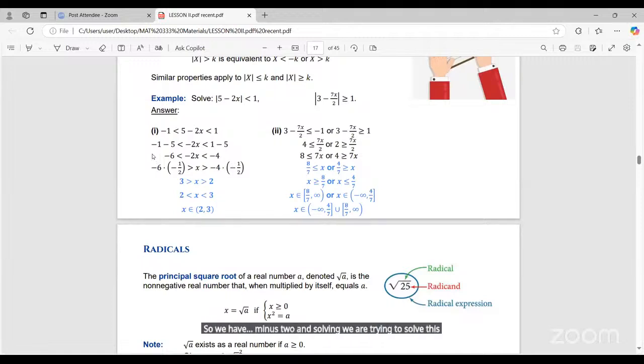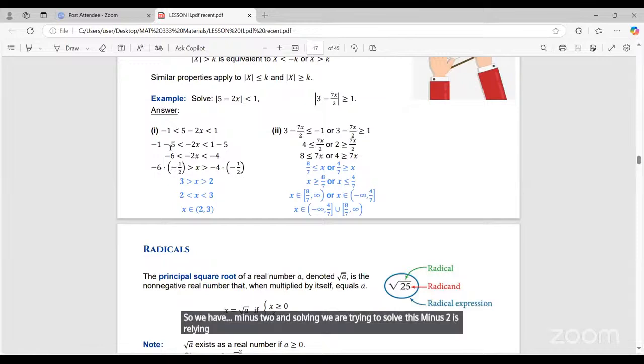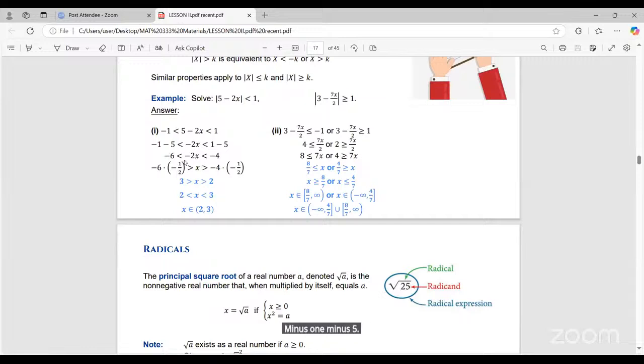Minus 2x will lie between minus 1 minus 5 and 1 minus 5, which is minus 2x lying between minus 6 and minus 4. Solving further, we have x lying between 2 and 3. x is less than 3 and greater than 2. So x is in the interval (2, 3).